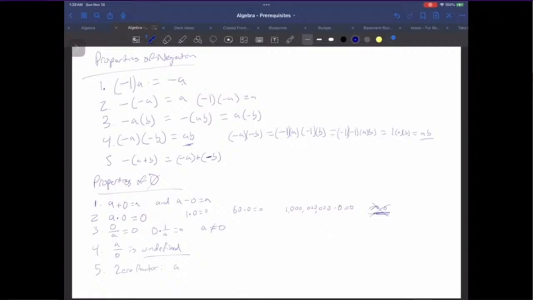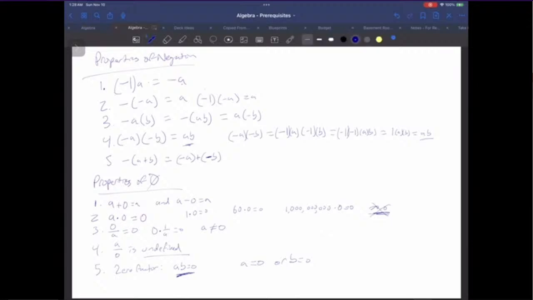But a times b is equal to 0 implies that either a is equal to 0 or b is equal to 0, but we don't even have to put either. We can just put a is equal to 0 or b is equal to 0, and this is or, like a truth table, right?